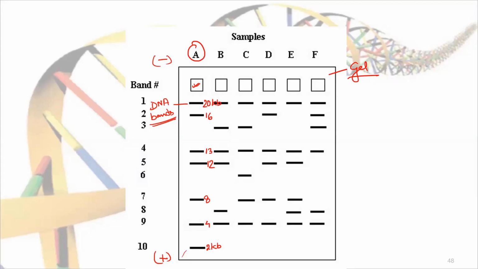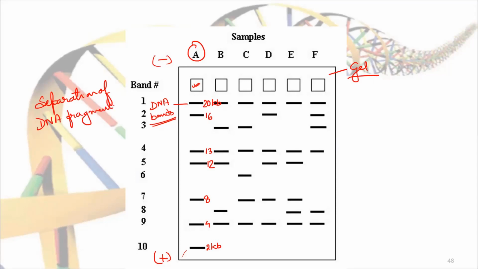So based upon the size of the DNA fragment and therefore their molecular weight, because the smaller the size, the lesser will be their molecular weight, and the larger the size, the greater will be their molecular weight. So the DNA here got separated. This separation of DNA fragments, it is based on what?